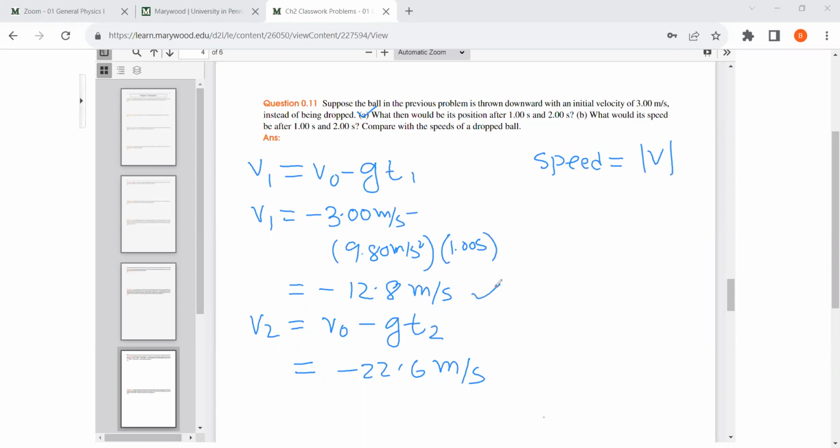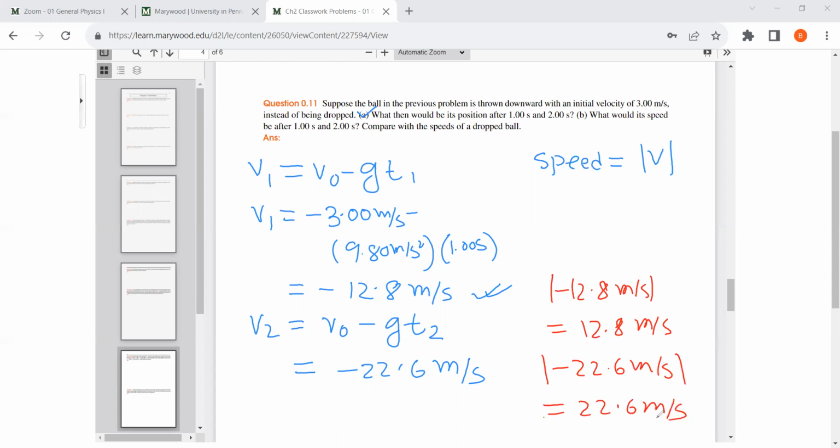For example, the absolute value of this number is 12.8 meter per second. The absolute value of this number is 22.6 meter per second. So if I want to know the speed instead of velocity, it will be this.